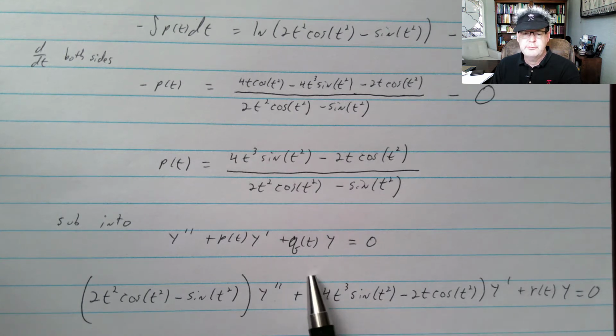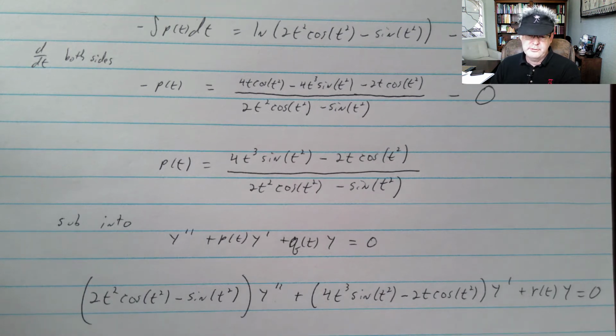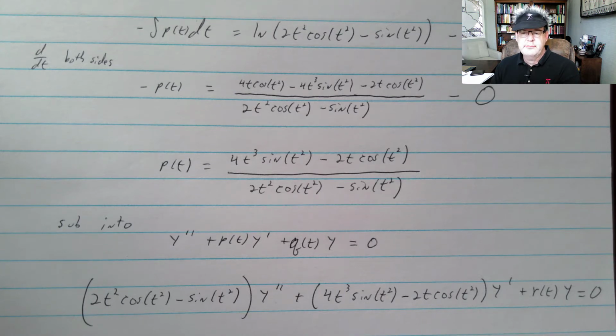Now I need q of t times the denominator, but q of t is still unknown, so in the end I still have this unknown function here, which I'll just call r of t. So the differential equation for which my two functions t and sine of t squared are solutions is going to be of this form.